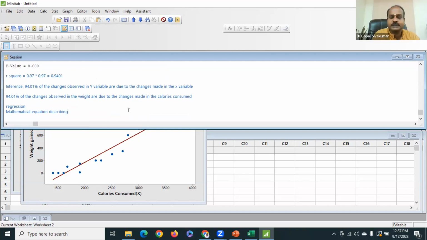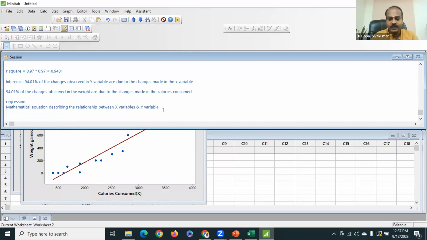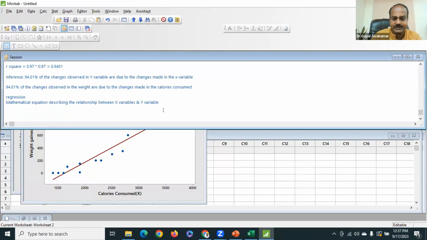A mathematical equation describing the relationship between your x variables and y variable. If there is only one x variable you are studying, then your regression is simple linear regression.